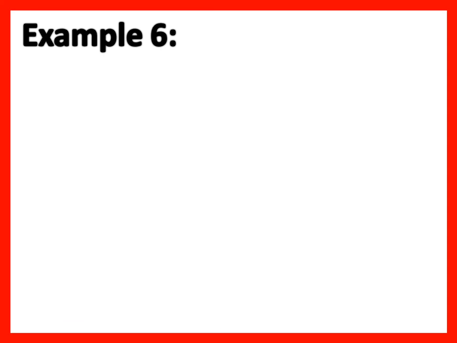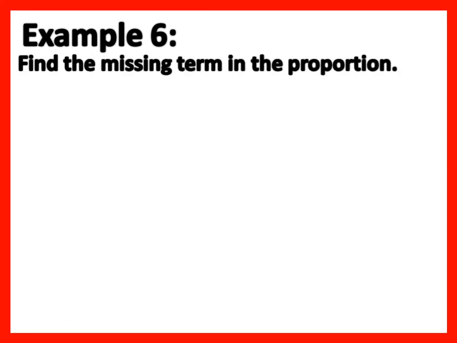Example number 6. Find the missing term in the proportion blank over 15 equals 1 over 5. For this solution, we can use any variable we want for the missing term. In this case, I will be using the variable n.